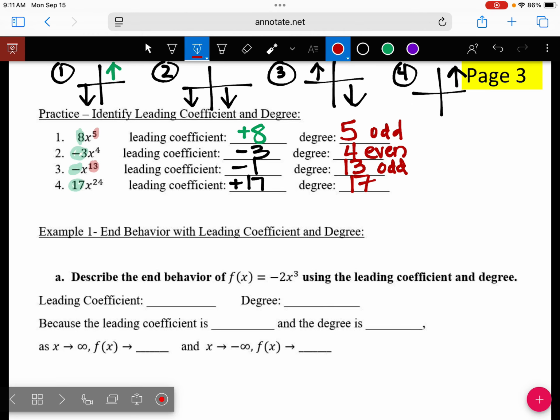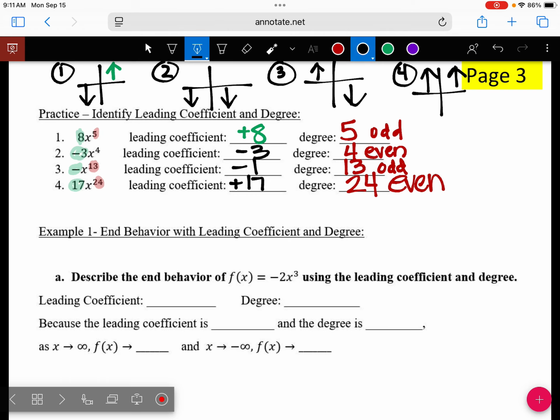Sorry, let me go back. My leading coefficient is positive 17. My degree is what? 24. Is 24 an even number or an odd number? Even. So what is it going to do on the left? Go up or down? Up. It's going to do the same thing.